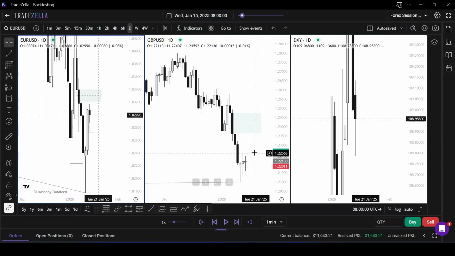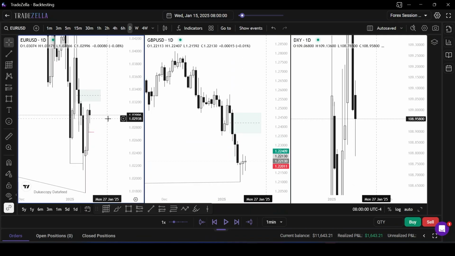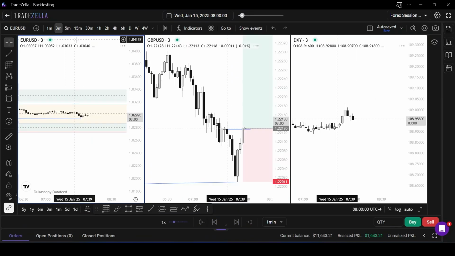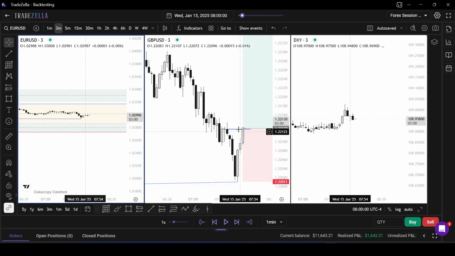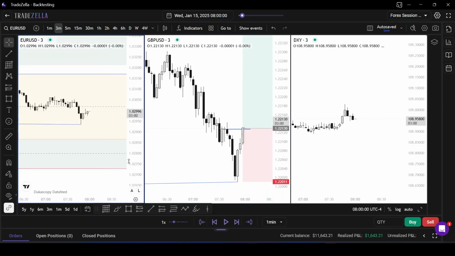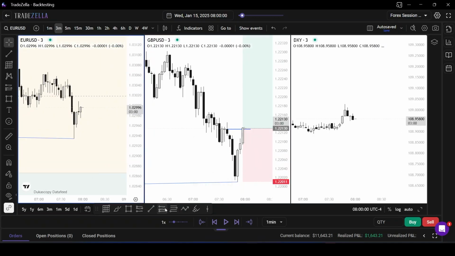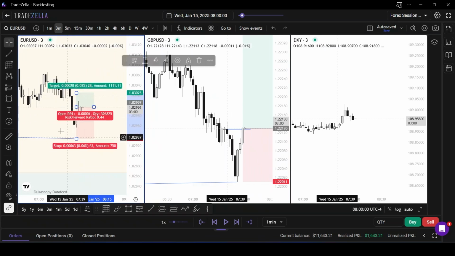So if I'm taking the trade on this GBP USD, then I will exit the trade once Euro USD trades into this fair value gap. So you get it? Or to keep it more clean and fair, since we already have a change in state of delivery on the 30 minutes, on the 3 minutes on GBP USD, I can be confident to take the trade on this Euro USD, placing my stop on this low, right?